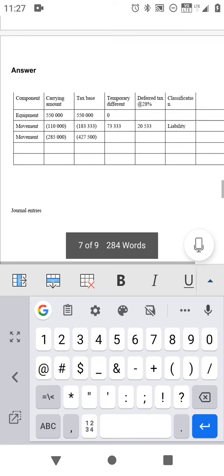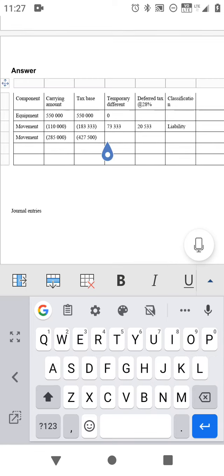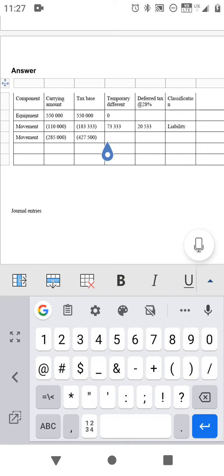The company receives higher income instead of lower because they claim a lower expense. Then the temporary difference will give us a liability, 855,000 minus 427,500.